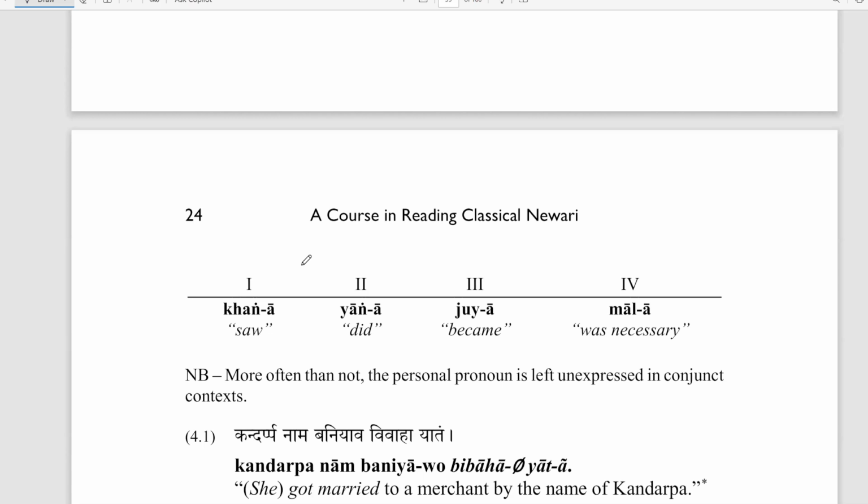Sometimes we don't have a subject in the sentence, so by reading the verb and seeing which form it is in, we will know who the subject is. When you read a declarative sentence and you see an R ending, then you know that the subject must be the first person: I did something.